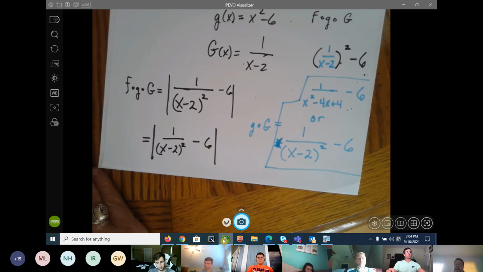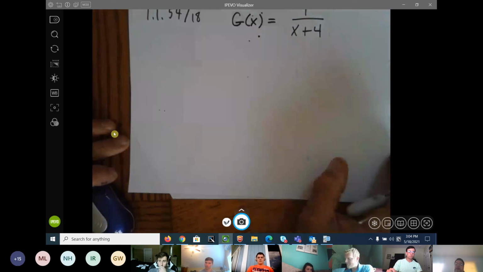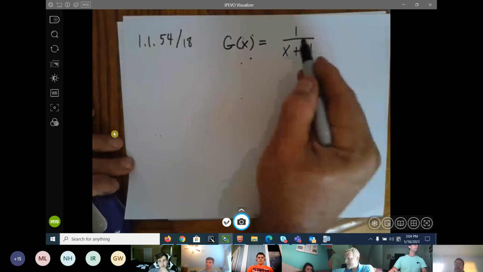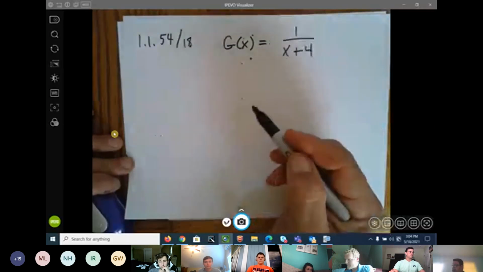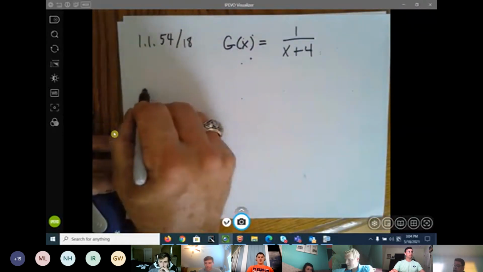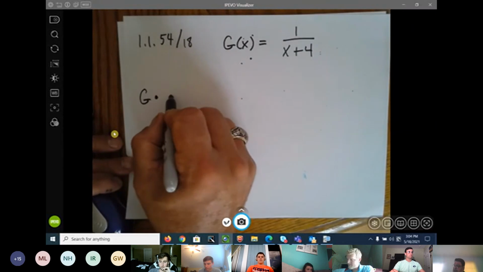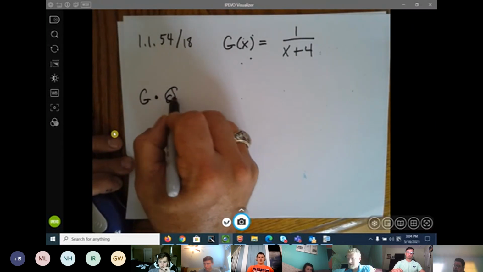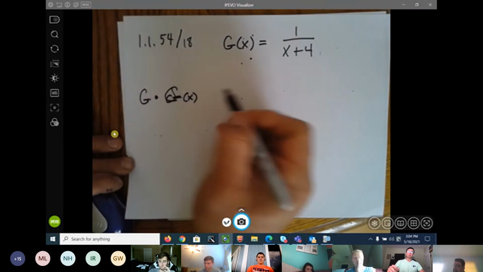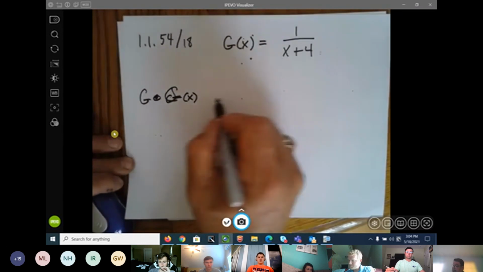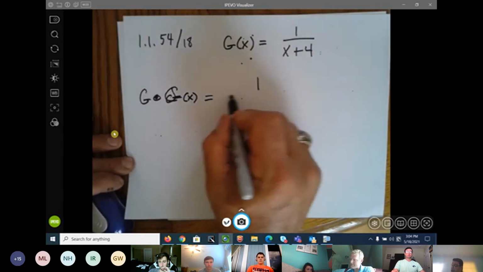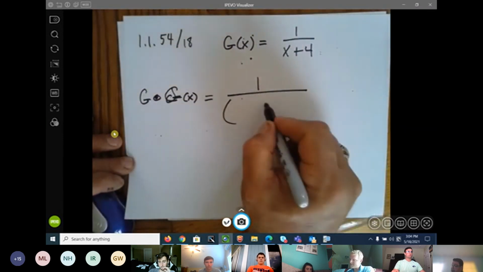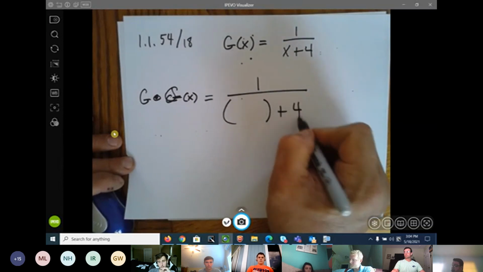I'm going to rewrite this problem with a big set of parentheses, and I'm going to insert this into itself. So g composed of g of x is equal to 1 over parentheses plus 4.